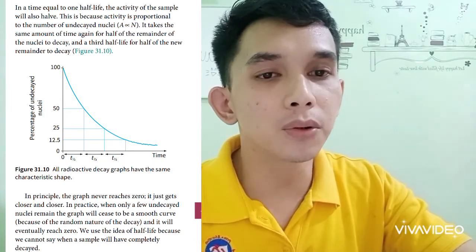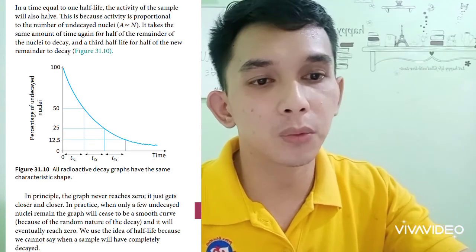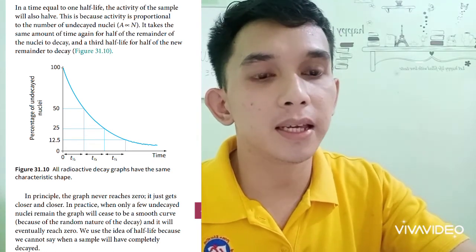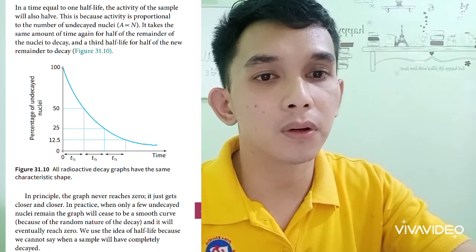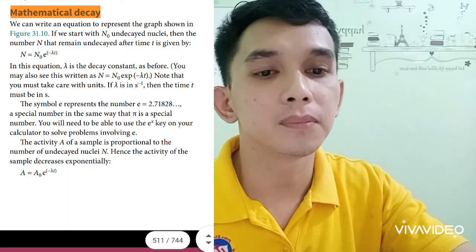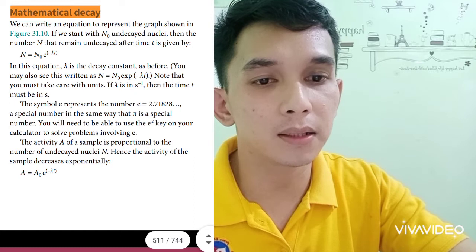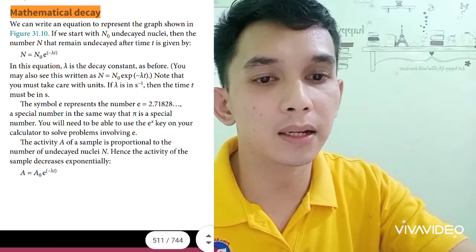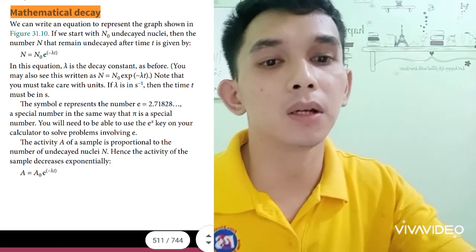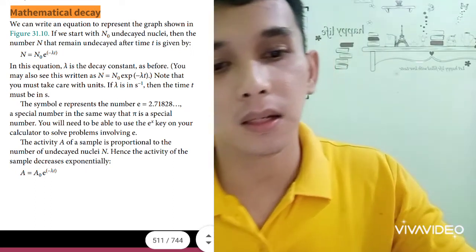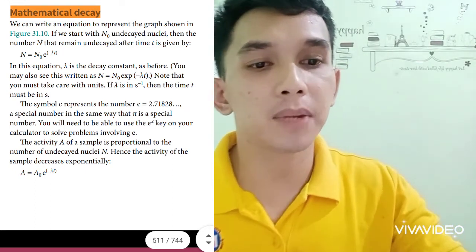So how to write it mathematically so we can find the exact amount of the undecayed nuclei after a given time? This is the formula that you need to remember. N is equal to N0 times e to the power of negative lambda times t.